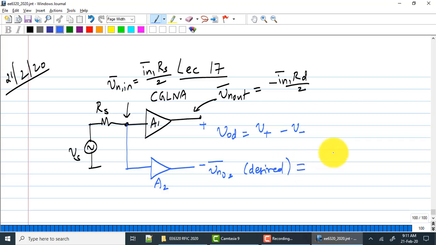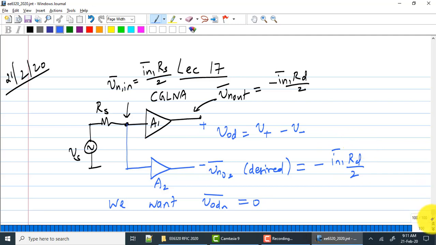So of course, we want VODN to be zero, correct? We know that V plus N is minus In1 RD by 2. So this should also be the same. Is that obvious? Okay, it should look like a common mode noise, so that when you subtract the two, it will get cancelled.